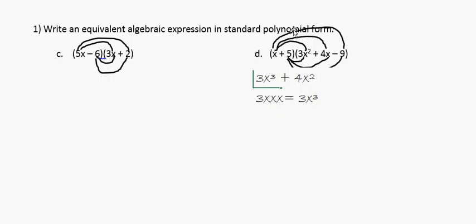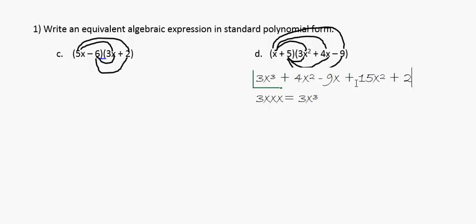Next thing I do, x times negative 9. So I will have minus 9x. The next thing I want to do is take my 5 times each one of these terms. 5 times 3x squared, they're both positive, so it'll be a plus 15x squared. 5 times 4x, I just multiply the 5 times the 4, and I can't do anything with the x. 5 times 4 is 20.